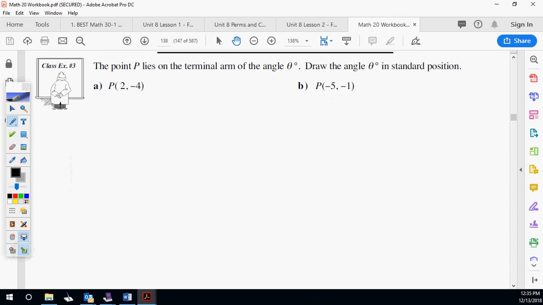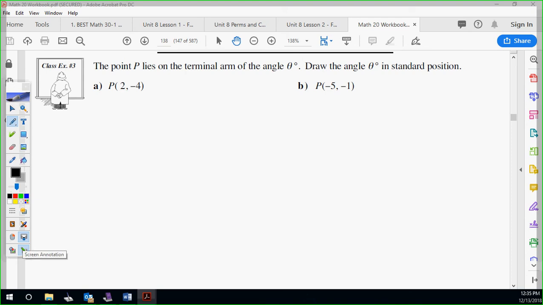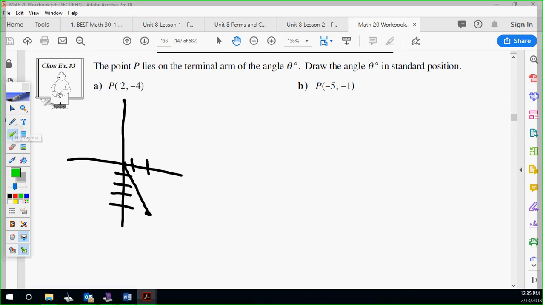Okay. The point P lies on the terminal arm of angle theta. Draw angle theta in standard position. So what they're saying is, make your grid, plot this point roughly where it would be, 1, 2, 1, 2, 3, 4, and then you're going to make a line to the center. That's your radius. And then you're going to draw that rotating in a positive angle.